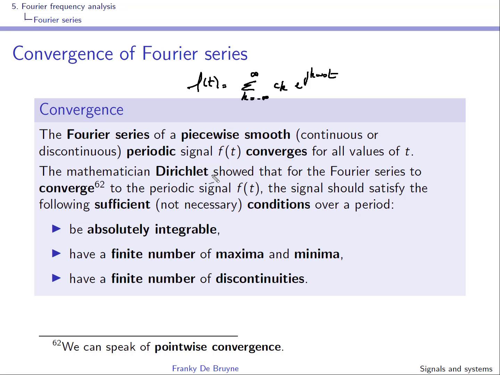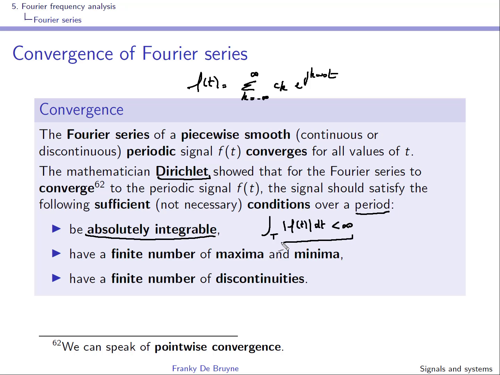Well, this means that the function is well behaved. The mathematician Dirichlet showed that this Fourier series converges if the signal meets the following sufficient conditions over a period. The function must be absolutely integrable. So since it's over a period, this means that the integral over one period of the absolute value of f of t dt must converge.